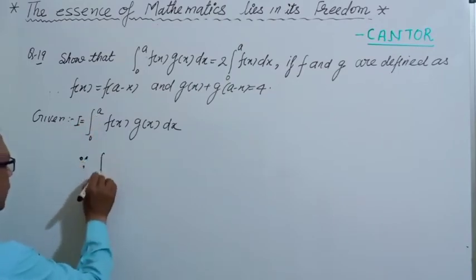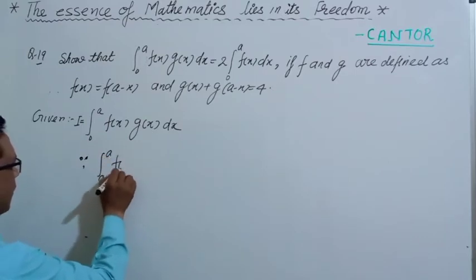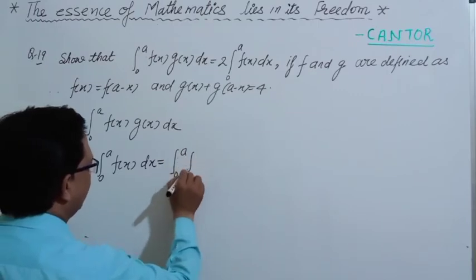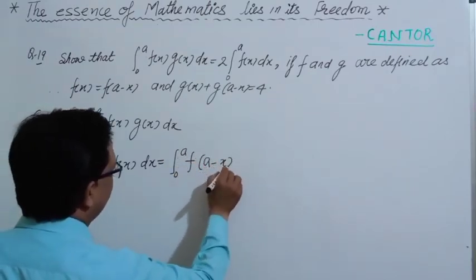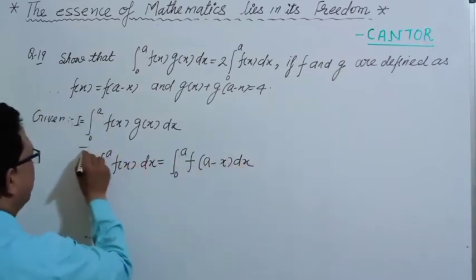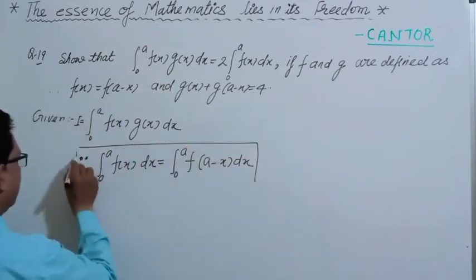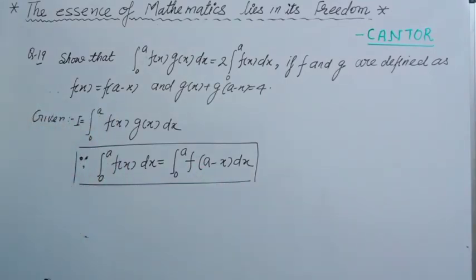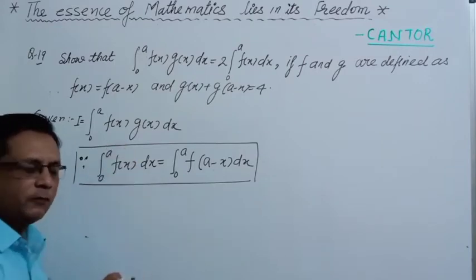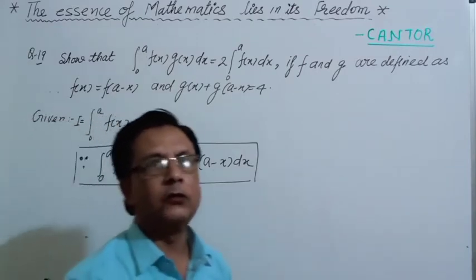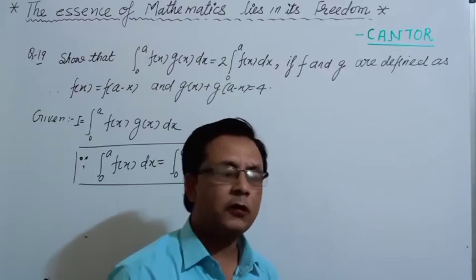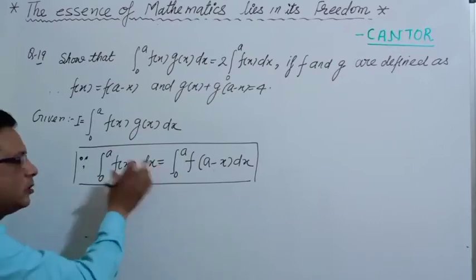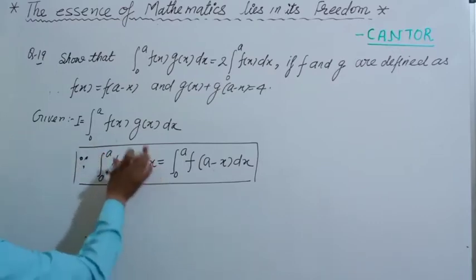The integral from 0 to a of f(x) dx is equal to the integral from 0 to a of f(a minus x) dx. We use this property. This is property 4, a very important property, also known as King's property. Many times I will tell you this property is very useful, and in 99% of questions in definite integrals we use this property. So we apply this property here.